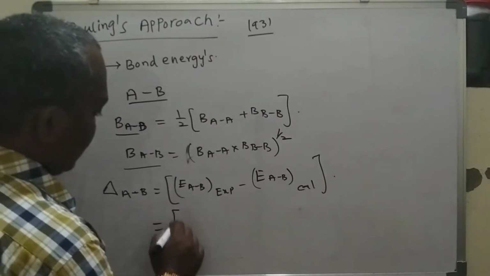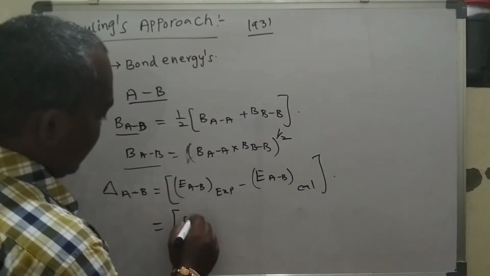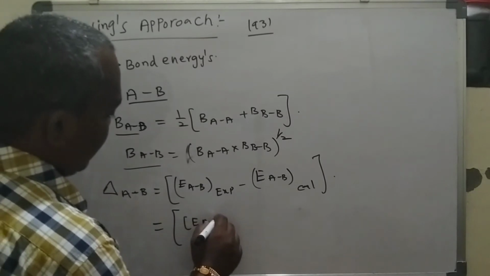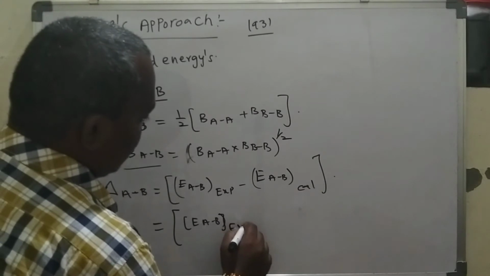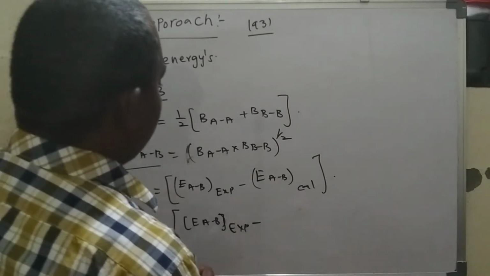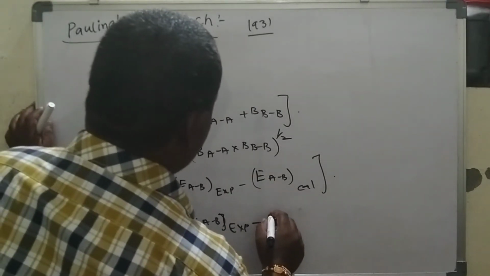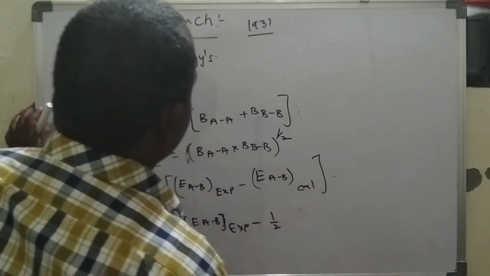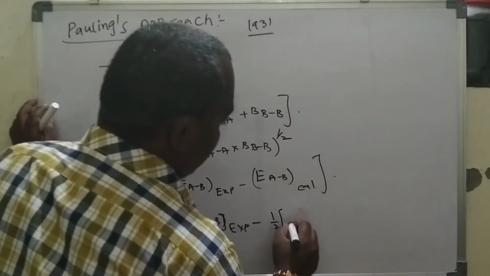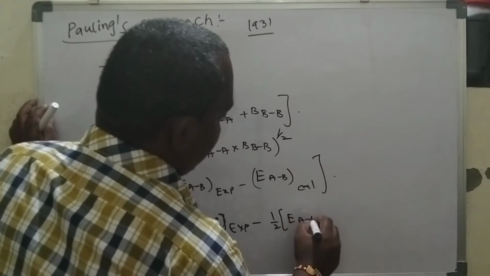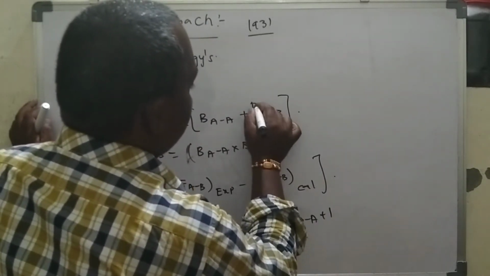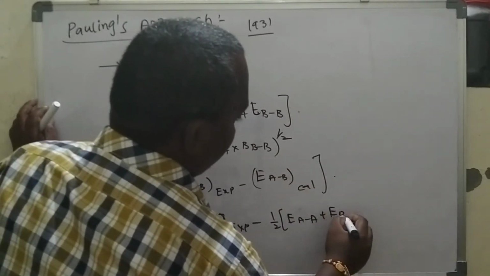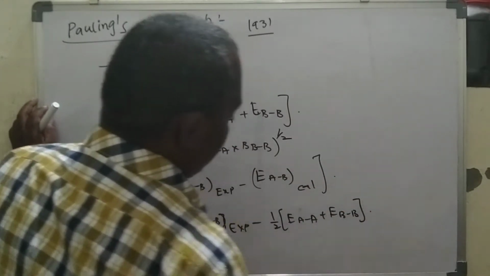So I write here: the energy of A-B experimental minus the energy calculated, which is 1 by 2 of the energy of A-A plus the energy of B-B.